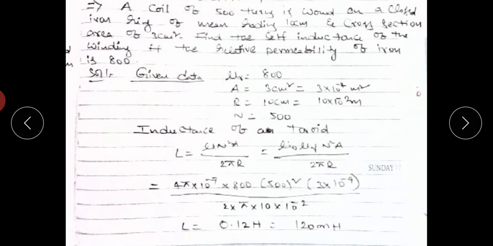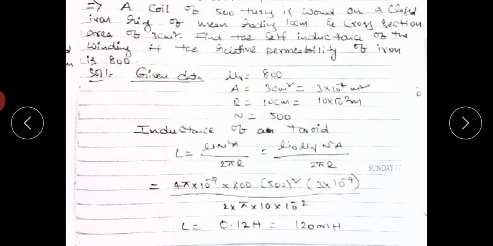If a problem gives the radius value, then by using A equals pi r square, we first find the area. Next, by substituting the area in this formula we can find the inductance. Here the area is directly given as 3 centimeters square. If they give the radius of the coil, that is different from the radius of the toroid.